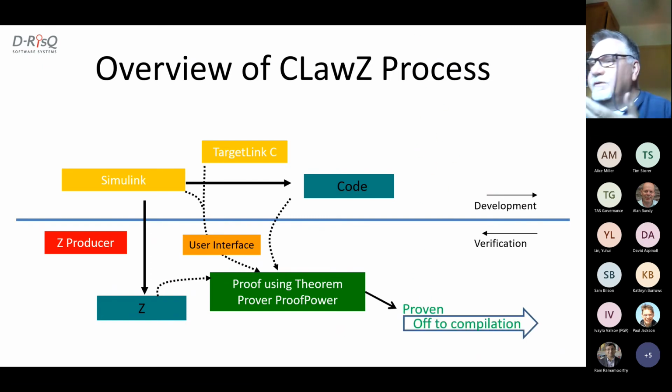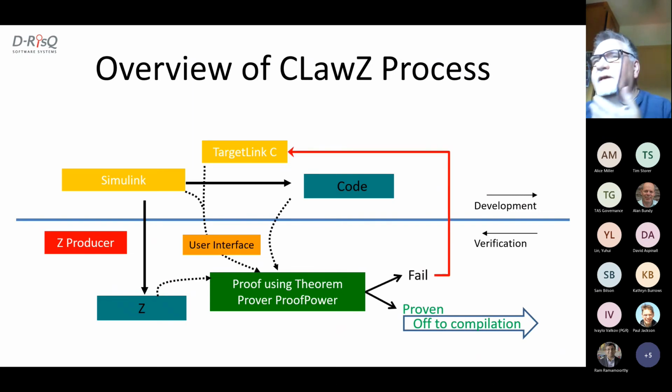You go then: proven, great, off to compilation, or it fails. It shows where the error is in the code, and with the simplification of the verification conditions, rather than just leaving it as a big blob of mathematical symbols, it simplifies as much as possible. And quite often you can see it suggests the answer, what it should be, how the assignment has gone wrong.